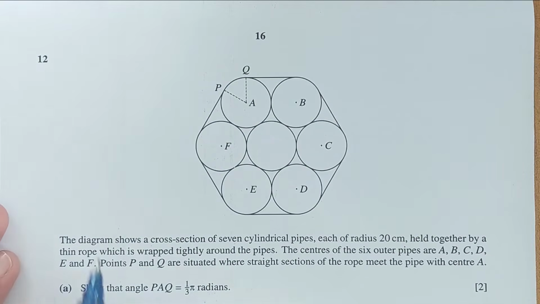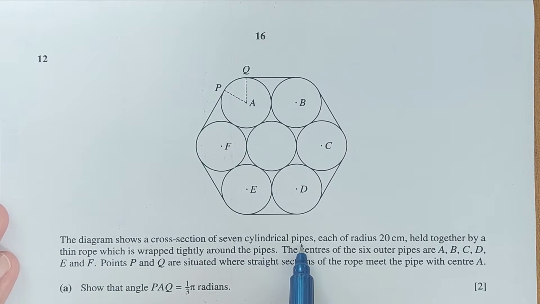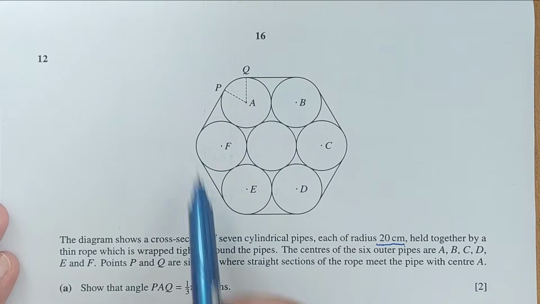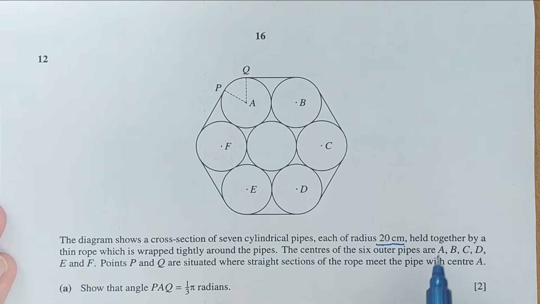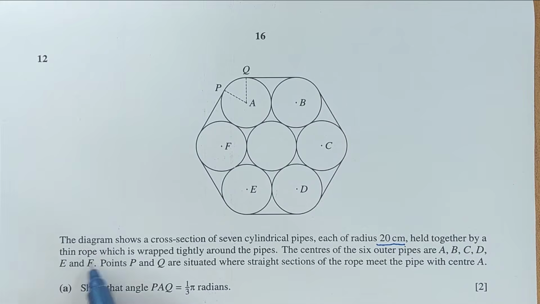Question number 12. The diagram shows a cross section of 7 cylindrical pipes, 1, 2, 3, 4, 5, 6, 7, each of radius 20 centimeters. So the radius of all the cylindrical pipes is 20 centimeters, held together by a thin rope which is wrapped tightly around the pipes. This is the thin rope.